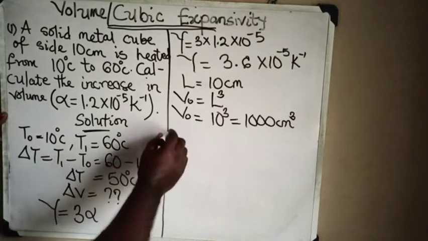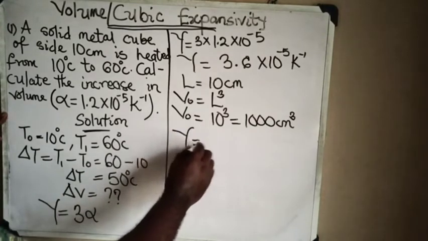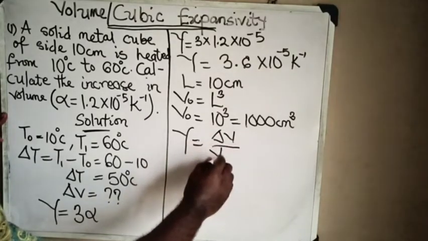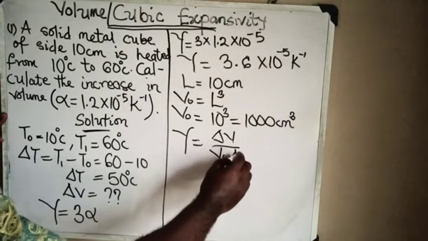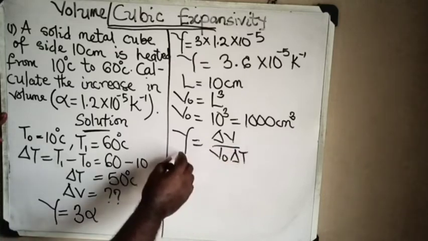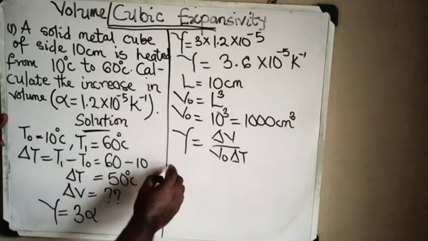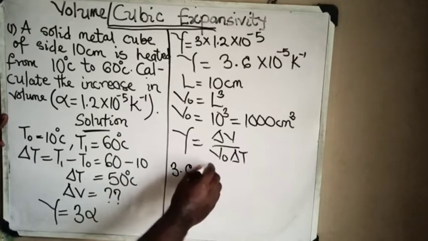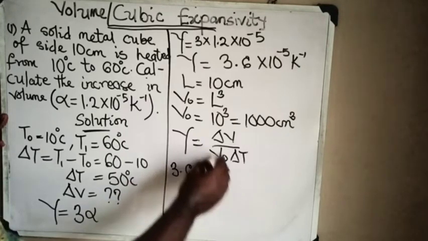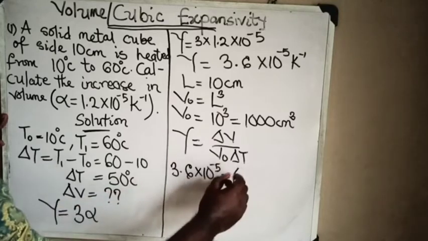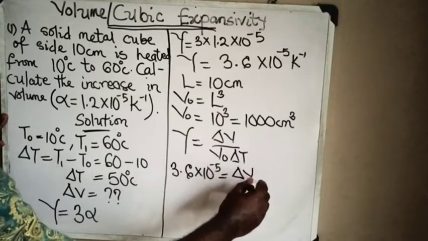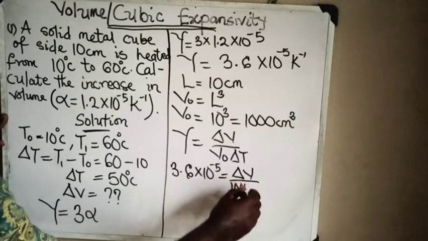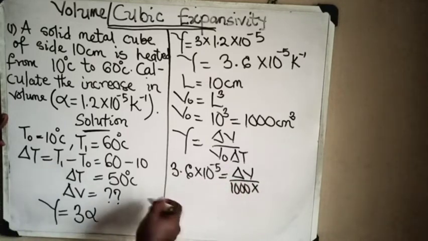Now let's slot it into the formula that we have. That's the change in volume all over the initial volume and then the change in temperature. What was our gamma? That's 3.6 times 10 to the power of negative 5, equal to a change in V, that's what we're to look for, the change in volume, all over the initial volume, 1000, times the change in temperature, 50.